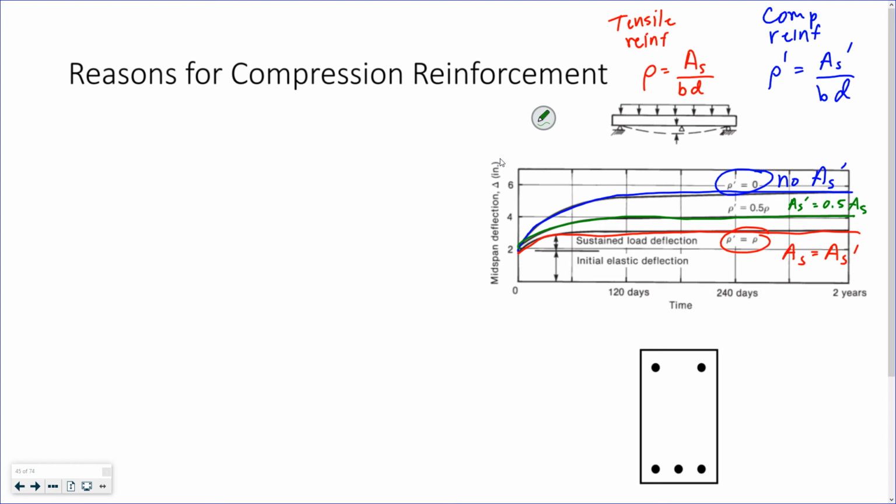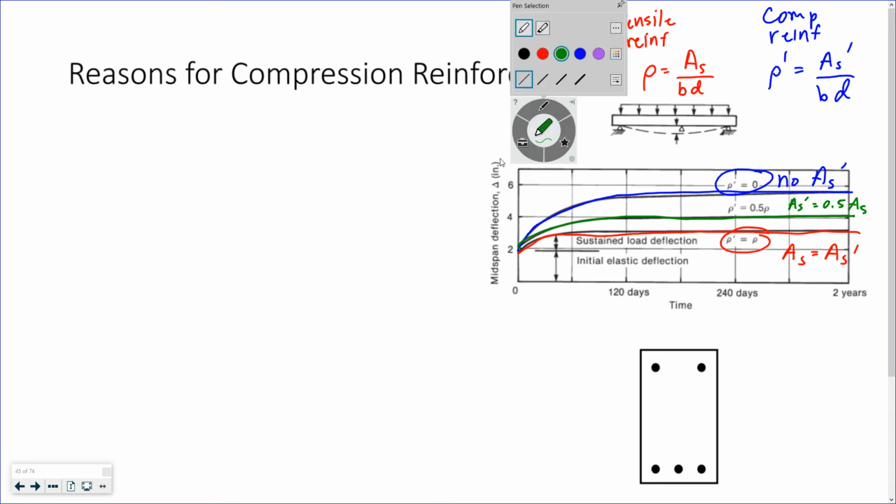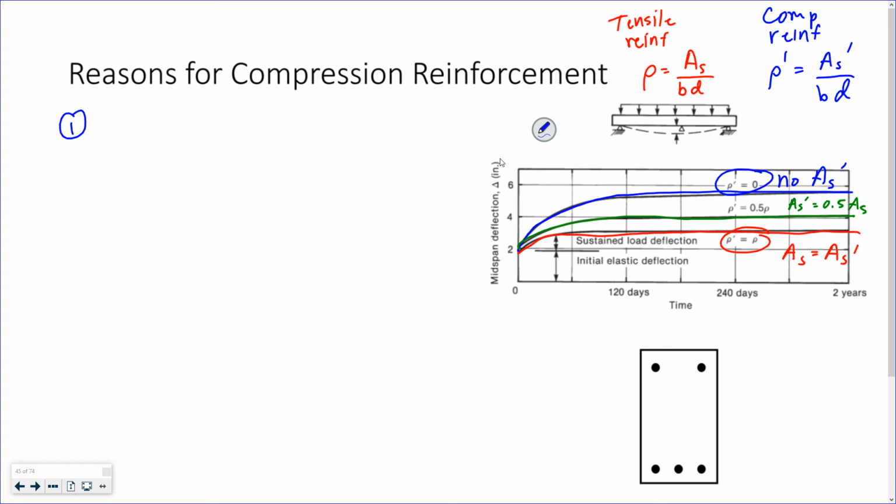If you have equal, you'd only have about 3 inches of deflection over a span of a couple of years. So one reason for compression reinforcement is you reduce sustained load deflections.